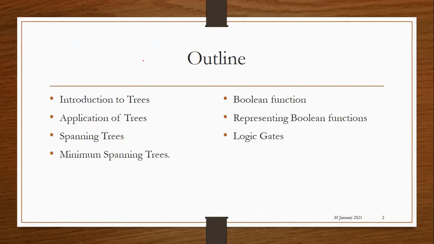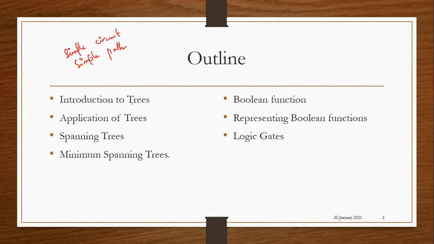So first, let's see the topic trees. In the previous class, you have seen something known as a simple circuit and a simple path. We have seen what it means by a simple circuit and what it means by a simple path.